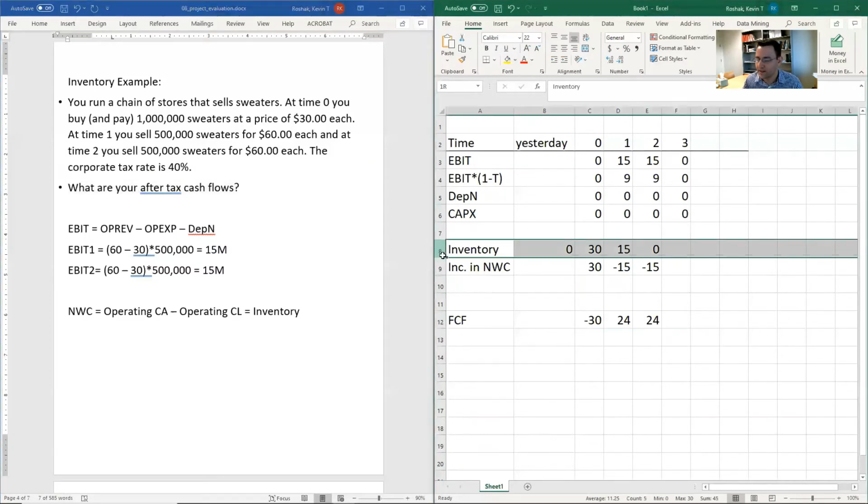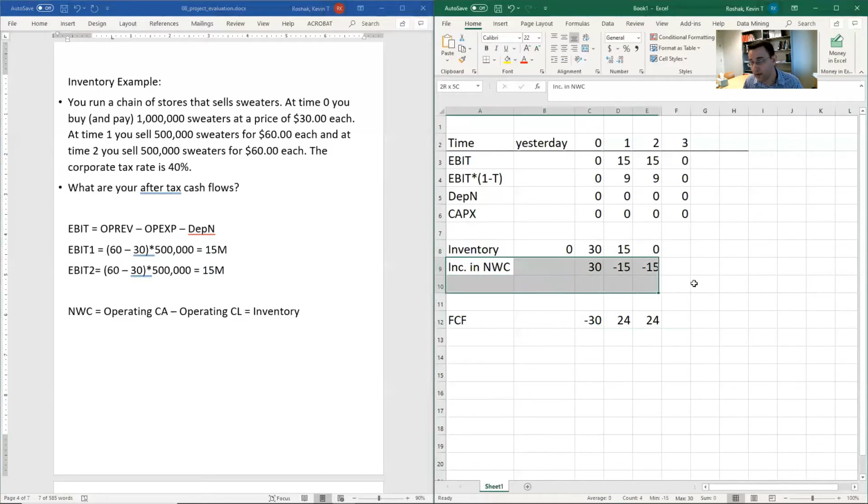But you can see that the difficulty here is keeping track of the inventory and then separately calculating the increase in net working capital. And this is the thing that shows up in our free cash flow formula. It's kind of like when we did the depreciation and CAPX example, we had to keep track of the book value of our assets. The analog here is we have to keep track of the inventory balance.